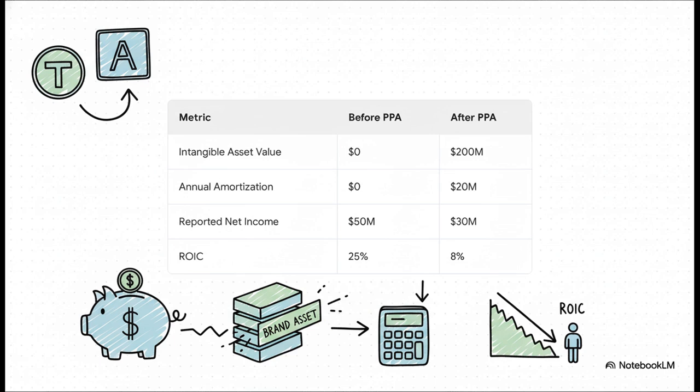Looks great, but after the deal, that new $200 million brand asset has to be amortized, let's say over 10 years. Bam. That creates a new, non-cash expense of $20 million every single year. So reported net income immediately drops to $30 million. And at the same time, the asset base got way bigger, which absolutely crushes the reported return on invested capital, taking it from a healthy 25% all the way down to 8%. The underlying business is exactly the same, but the scorecard has been completely rewritten.